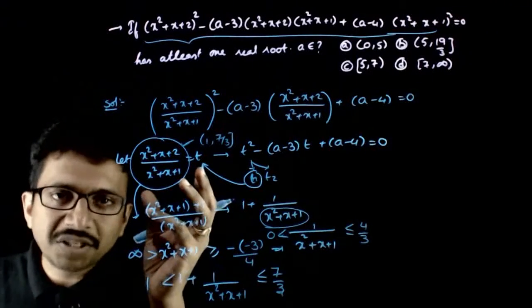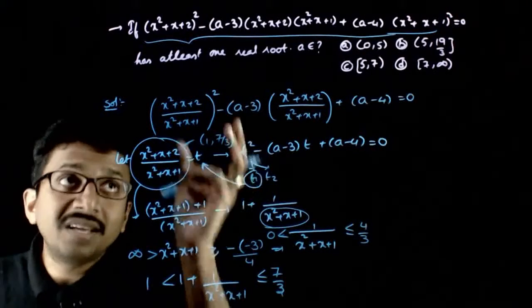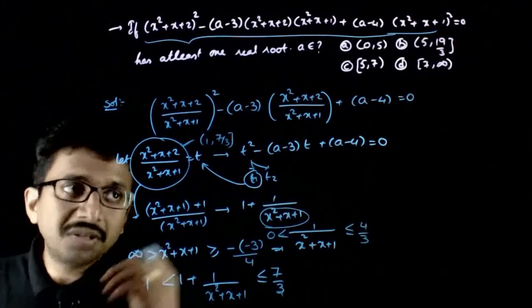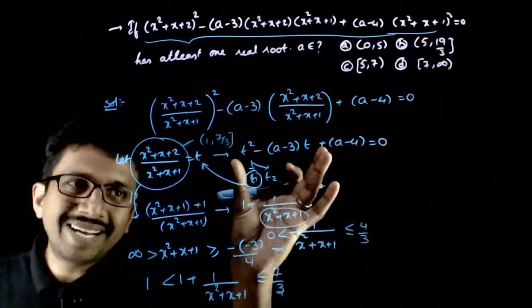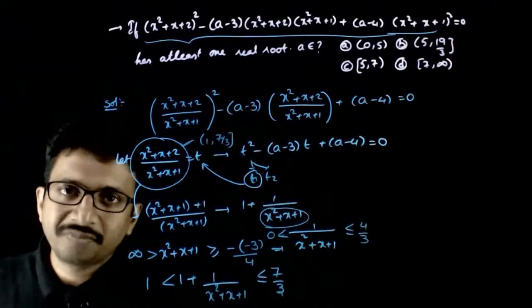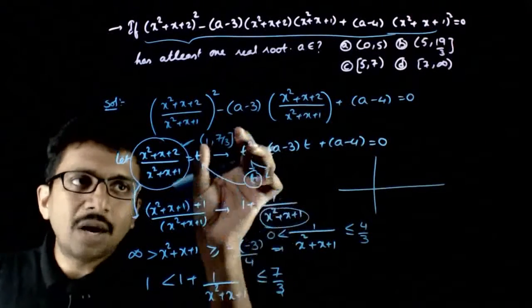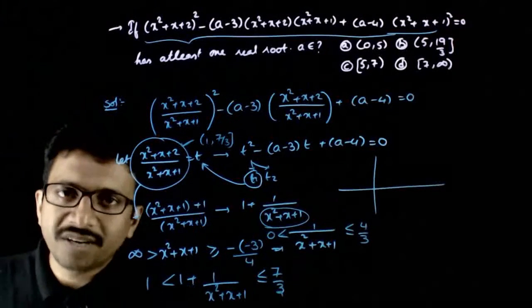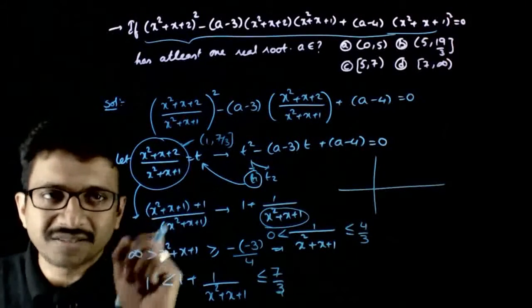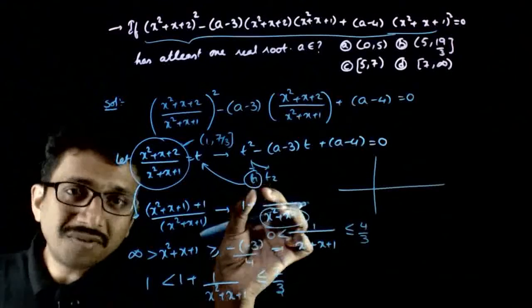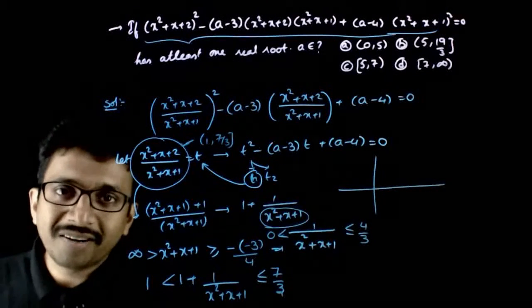So if this equation has to have a real solution, then this equation should have at least one root in this range. If both these t's lie outside this range, you won't get any solution for x. So if you want some solution for x, one of these roots, you don't need all real solutions.